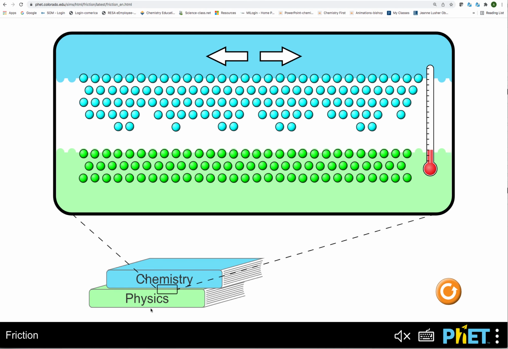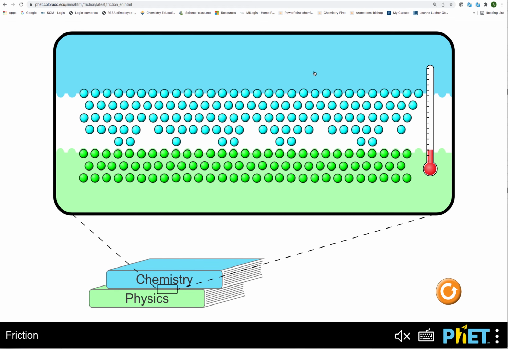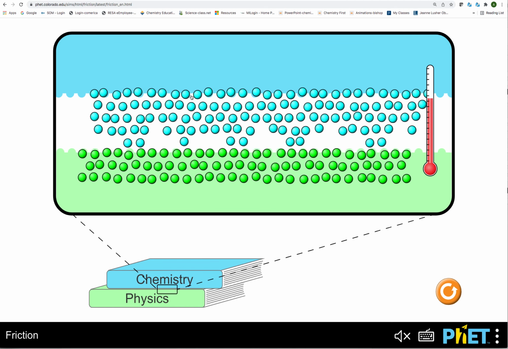This is a physics book and this is a chemistry book. If you put the physics book on top of the chemistry book like that, the force of friction is the force that exists between the particles holding these two books on top of each other. If these two books are not moving, it's static friction, right? And when they move like this, then it's kinetic.